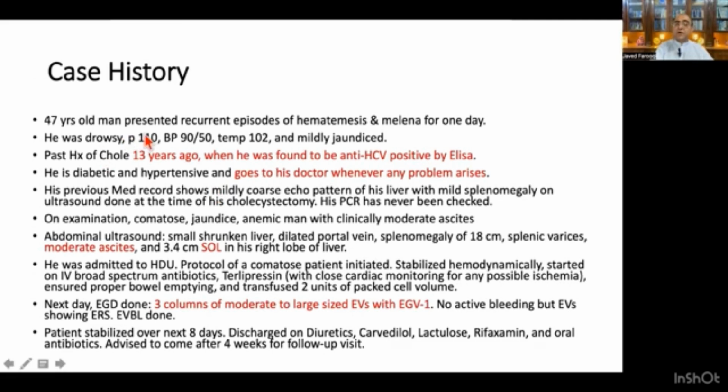His first ultrasound at the time of cholecystectomy did show that the patient has a mildly coarse echo pattern of the liver with mild splenomegaly, but he was never assessed for his liver status. And when he presented with really severe decompensation, the ascites, hematemesis and melena, and the space occupying lesion.